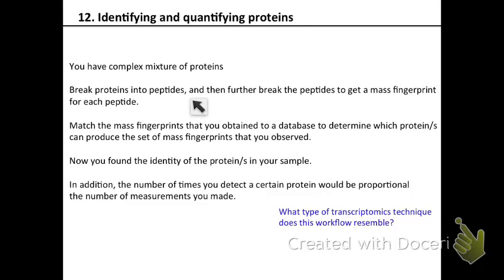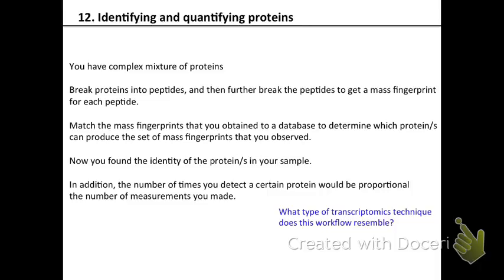So you basically start with a complex mixture of RNA. That's your resemblance here. And then you generate your RNA-seq library, then you sequence the library, and that generates short reads. Those reads should resemble the mass fingerprints of each peptide. Then you take that sequence and map back to the genome, which is exactly what we're doing.